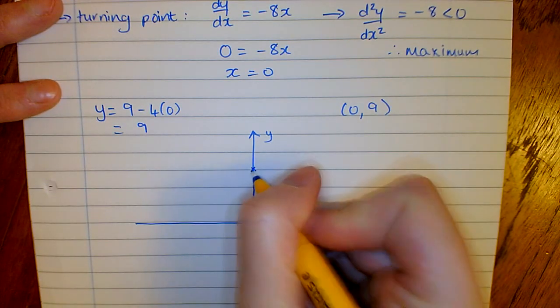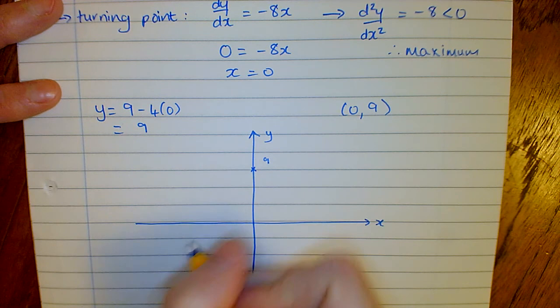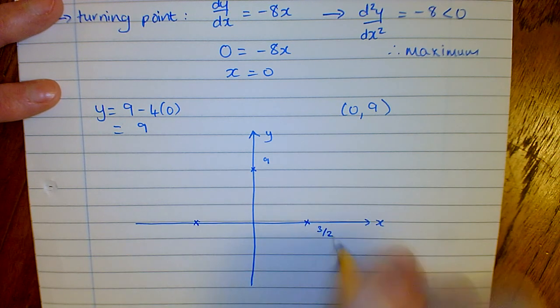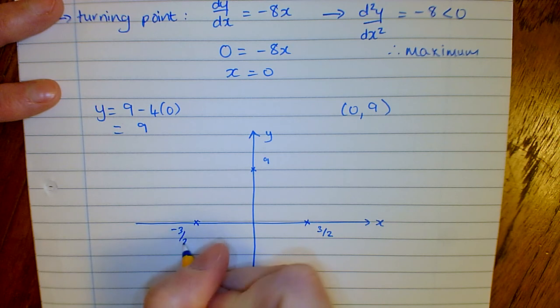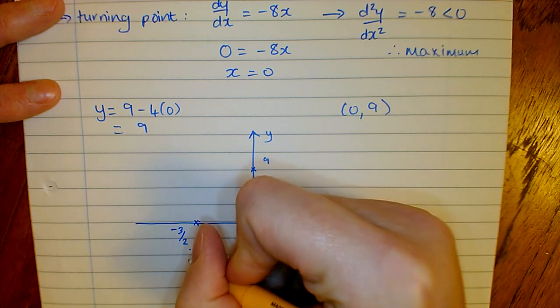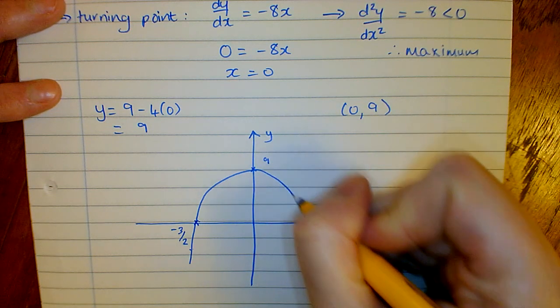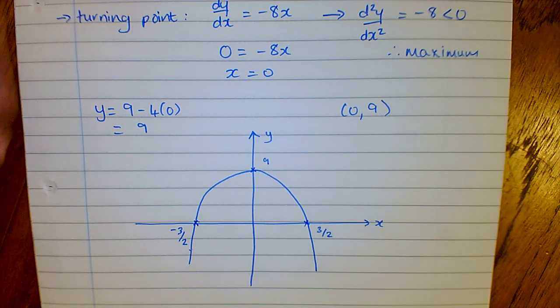And we know this goes through 0, 9, and that's our maximum turning point. It goes through 3 over 2, 0 and minus 3 over 2, 0. And again, you should be drawing a nice smooth curve through your points.